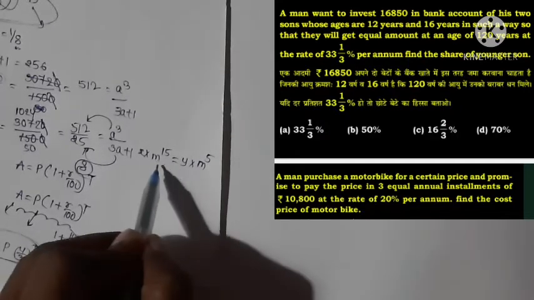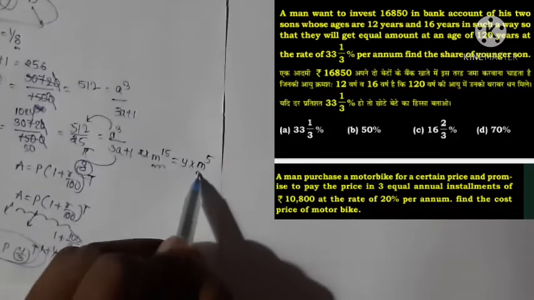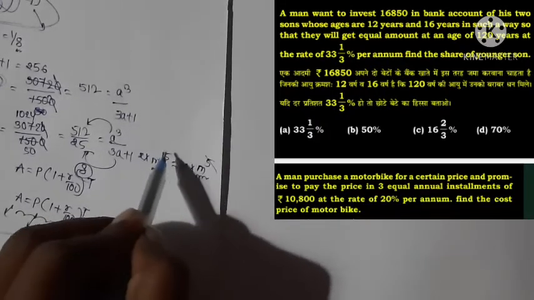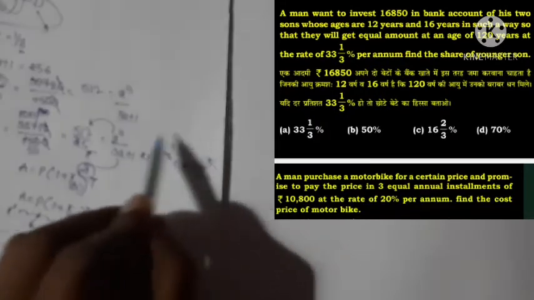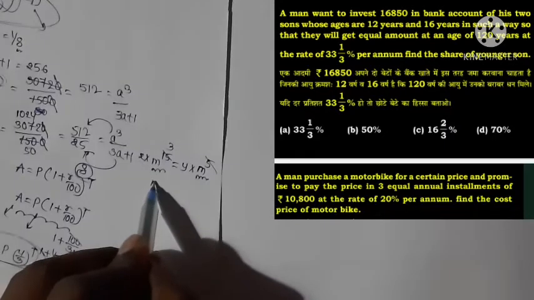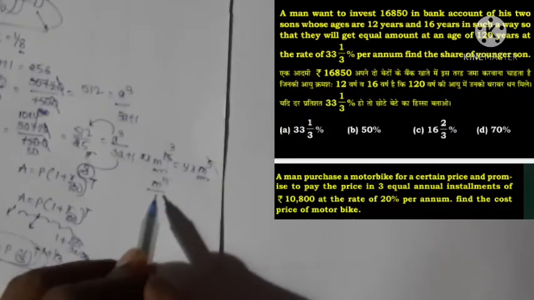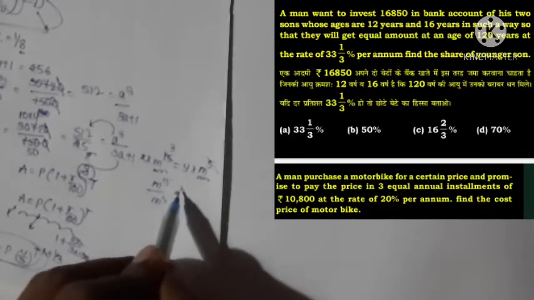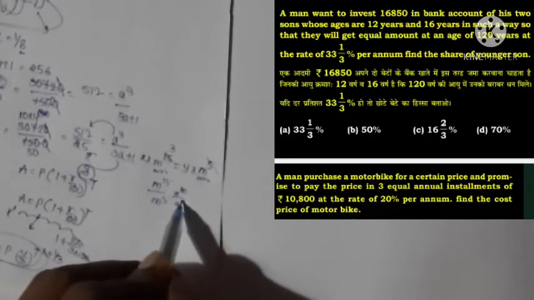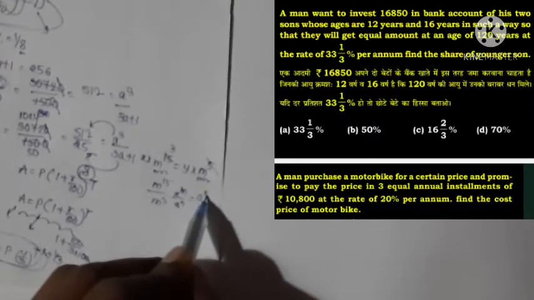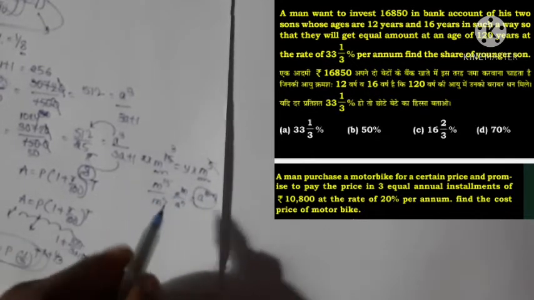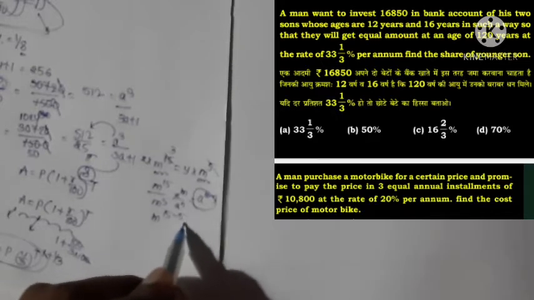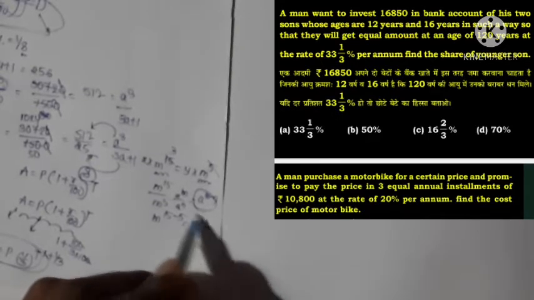So m power 15 by m power 5. So a power m by a power n, then we have to write a power m minus n. So similarly, m power 15 minus 5. So value is m power 10.